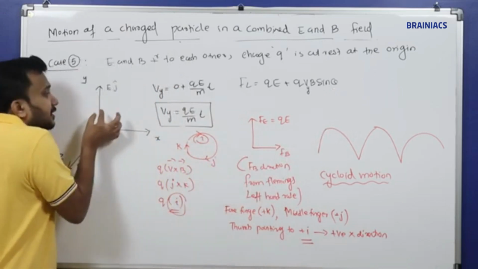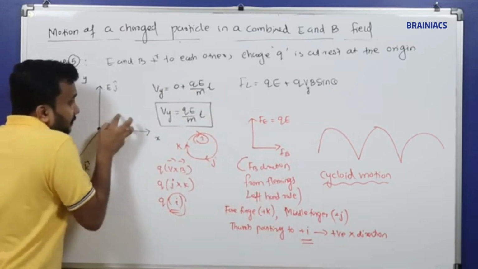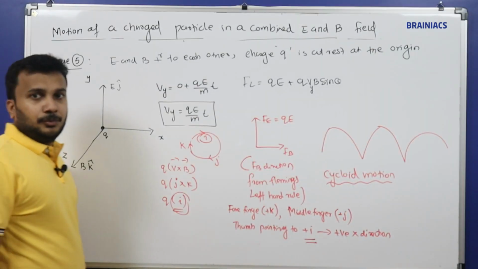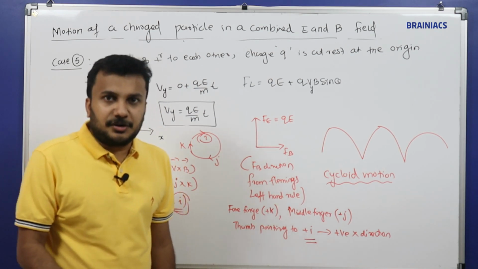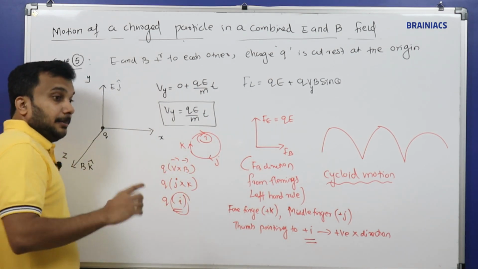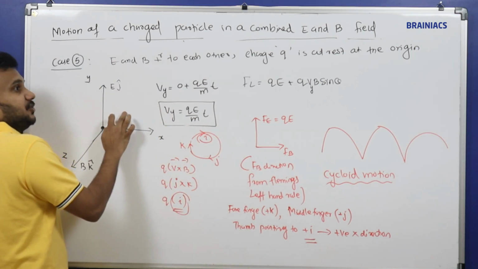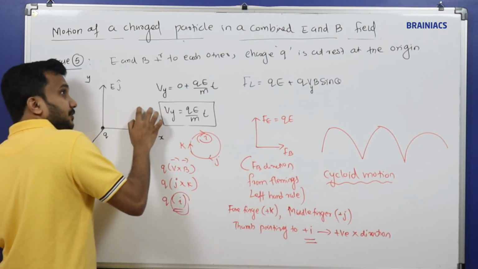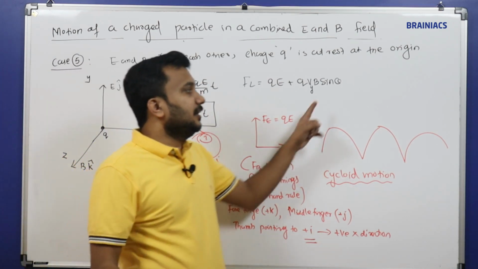Immediately when it starts to move, the magnetic field is in the Z direction and the velocity direction changes. Initially it is in the y direction, but all of a sudden its velocity direction changes. So the angle between V and B is something else, not 90 degrees.